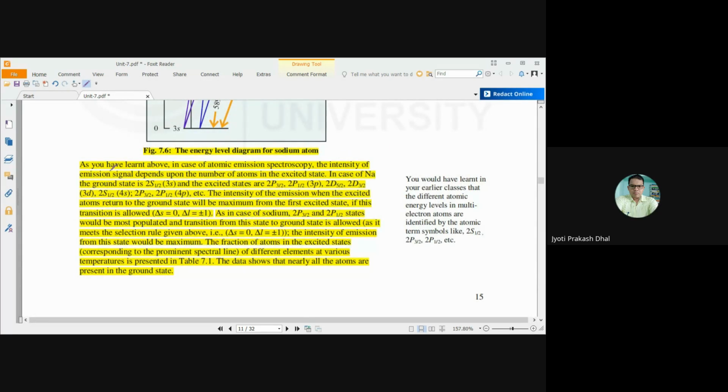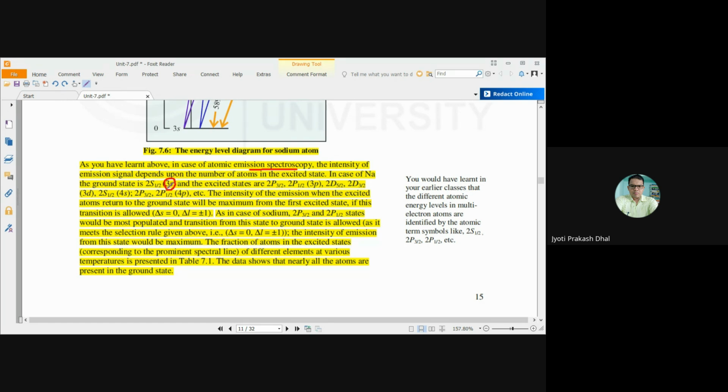As you have learned above, in atomic emission spectroscopy the intensity of the emission signal depends upon the number of atoms in the excited state. In the case of the sodium atom, the ground state is the 3s ground state.